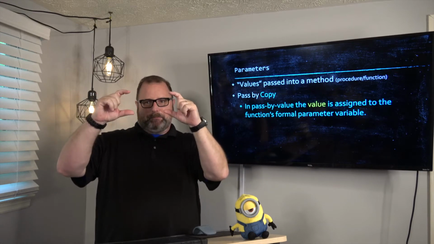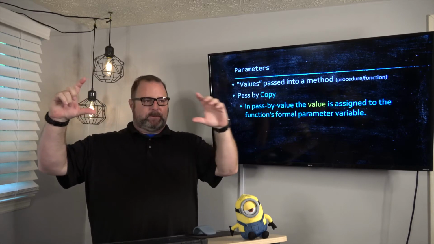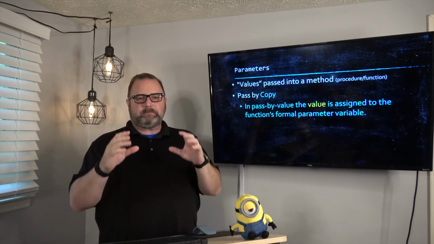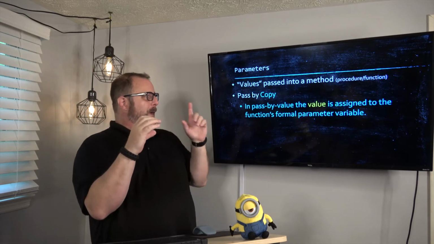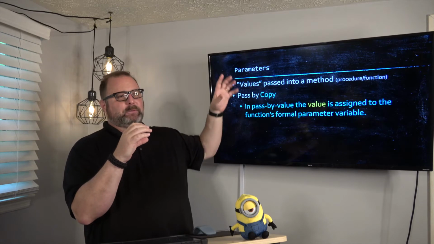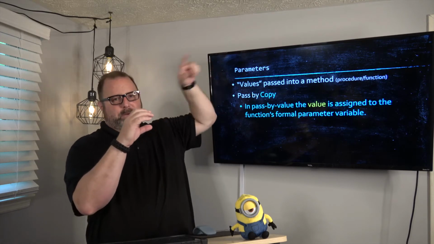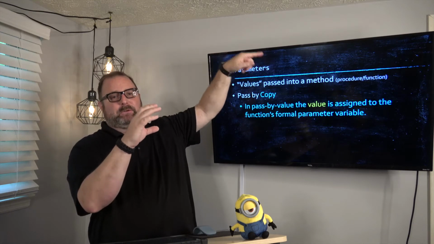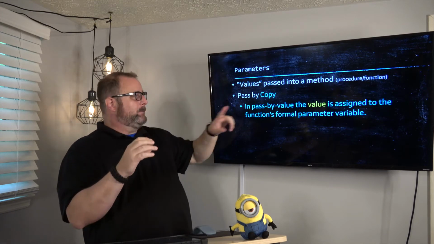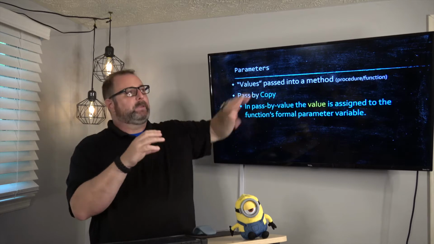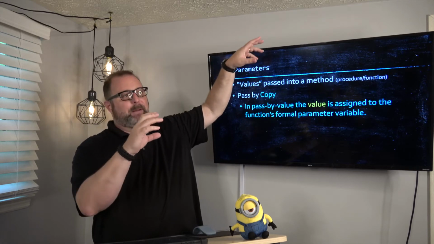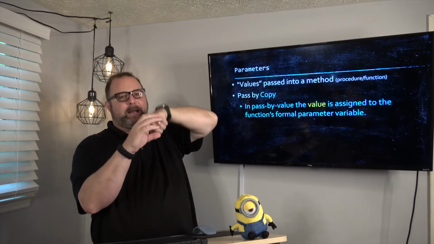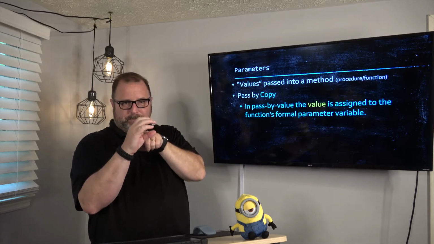But the variables that are inside that parentheses in what's called the signature of that method are where we're going to pass a value of the external value that we want to go in. So if I'm passing the value of x into a method and I'm using pass by copy, if x equals 5, I'm not passing the variable, I'm passing the value 5 into this internal variable.